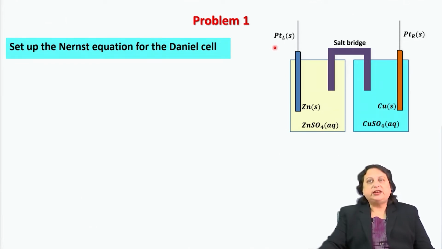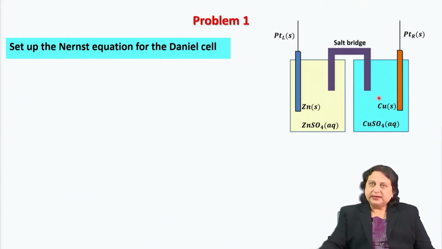Now, let us focus our attention on the right hand side compartment. So, what do I have here? I have an aqueous solution of copper sulphate present in this compartment, in which I have dipped a copper wire. This copper wire is represented as copper solid. If I compare it with the left hand side compartment, I have a piece of zinc solid dipped in zinc sulphate solution.